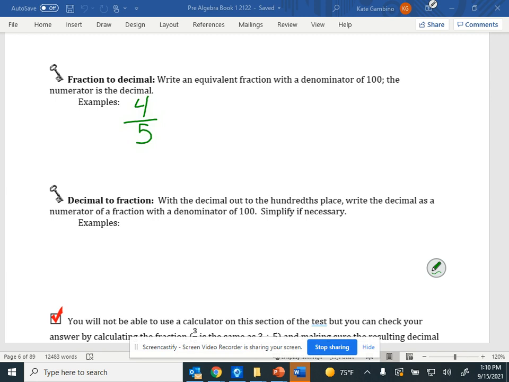To go from 5 to 100, we multiply by 20. Whatever we do to the bottom, we do to the top. Whatever you do to the denominator, you do to the numerator. So 5 times 20, we want to do 4 times 20. 80 hundredths.